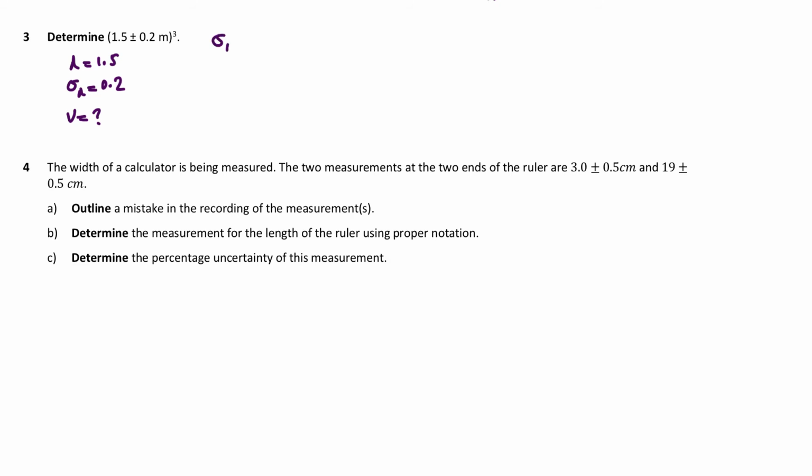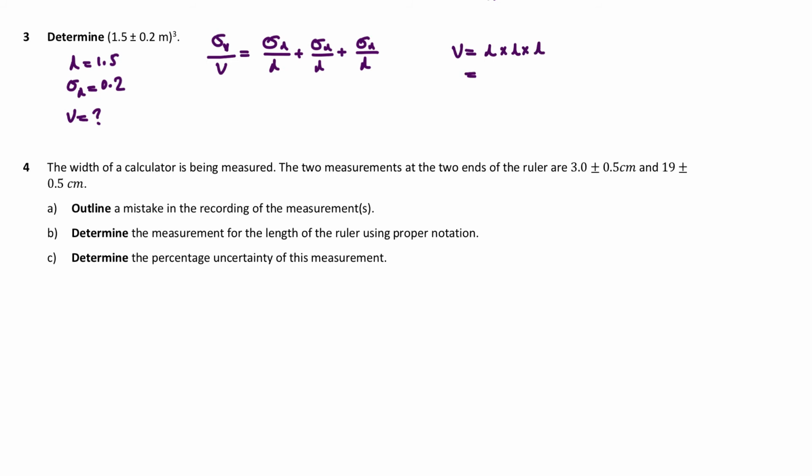So for the volume, the uncertainty of the volume over the actual volume value is going to equal the uncertainty of length over length 3 times, because we are multiplying it by itself 3 times. And I'm just going to write that the volume itself is equal to length times length times length.